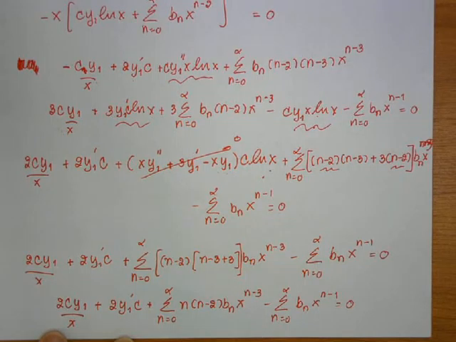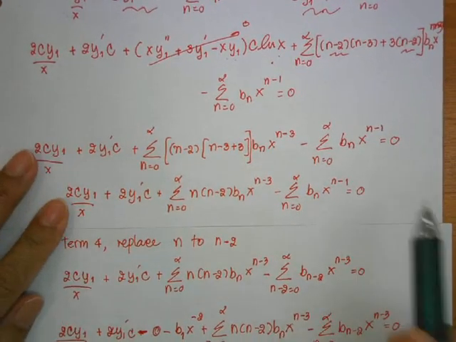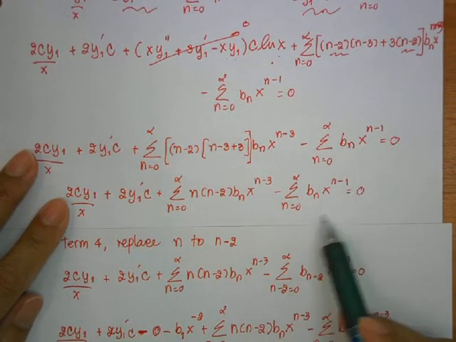Which one? To n minus 3. So we should shift this term. If we want to make n minus 1 become n minus 3, we should replace n with what? n minus 2. So the next step is to plug in n minus 2 for the last term.